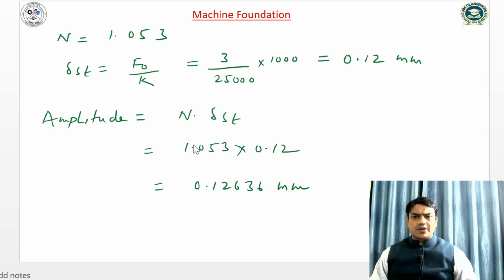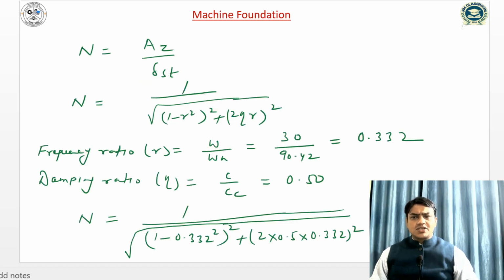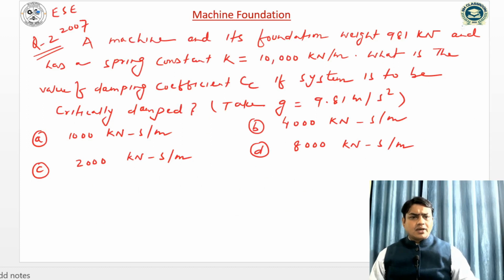So in this question I have computed the different parameters like natural circular frequency, natural frequency, time period, and amplitude. Let us take another problem, and this question is asked in Engineering Services Examination 2007.